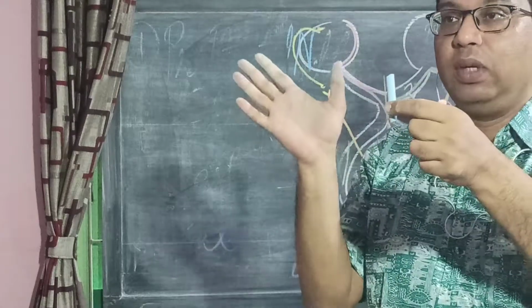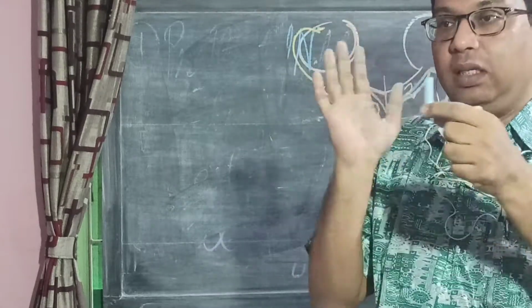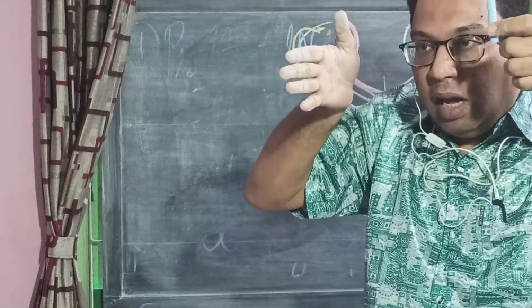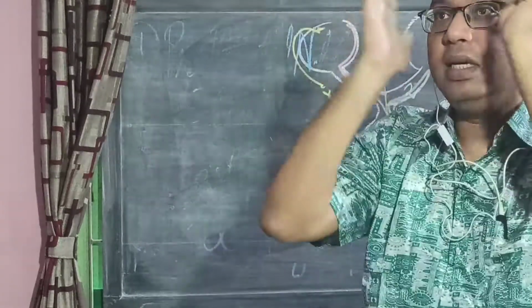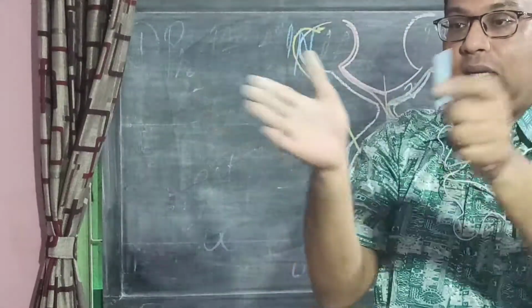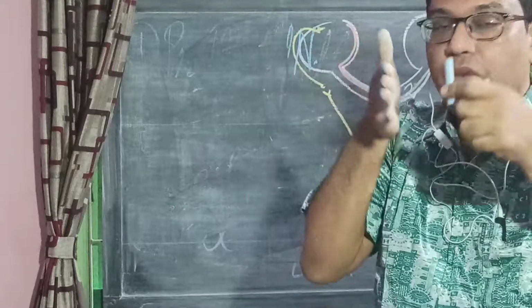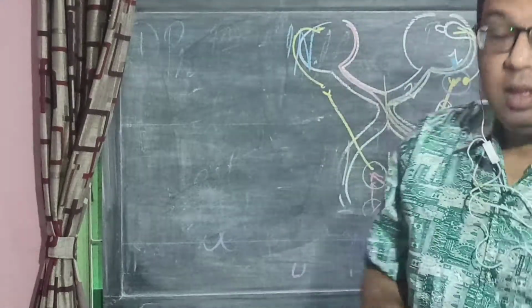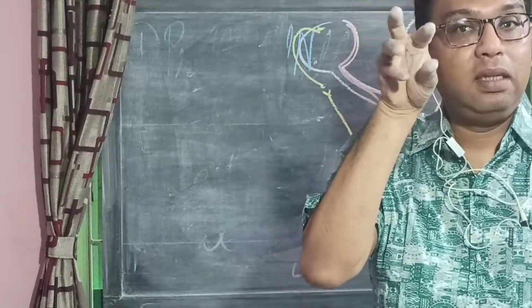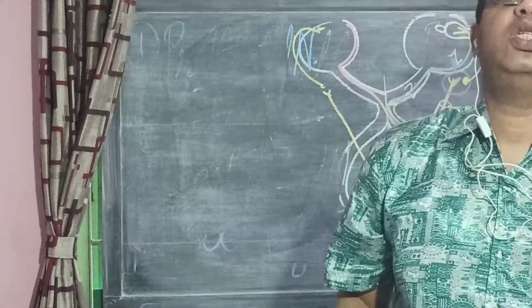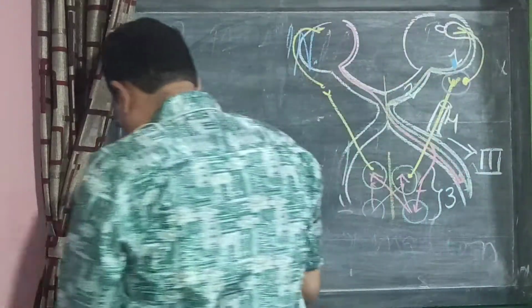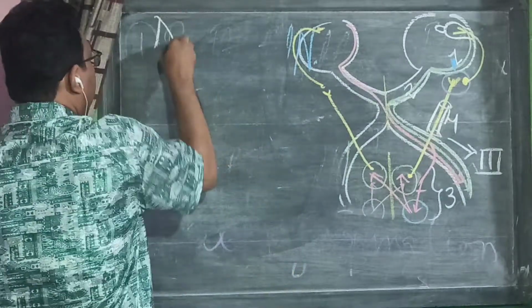The first thing you notice is that the eyeballs converge. The eyeballs will come together. While looking at a distance, they are looking out parallelly. While looking at a near object, they will converge. So convergence of the eyeballs. You also notice that the pupils constrict.